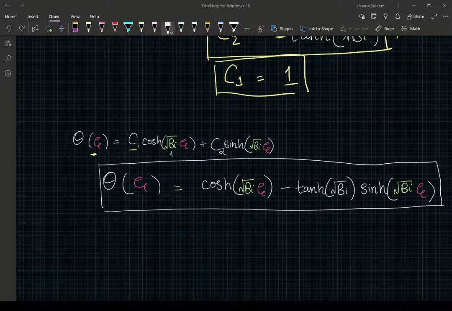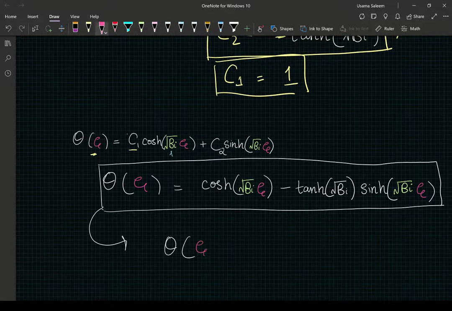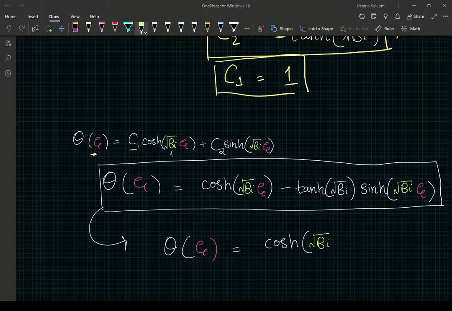Cosh of, yeah, they're using some identity that I am not really aware of. My mathematics is hitting its ceiling.